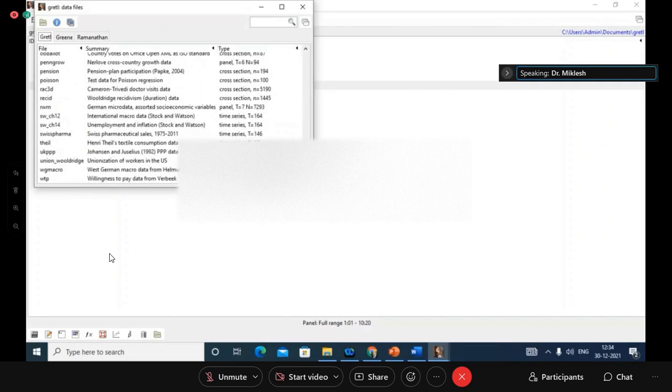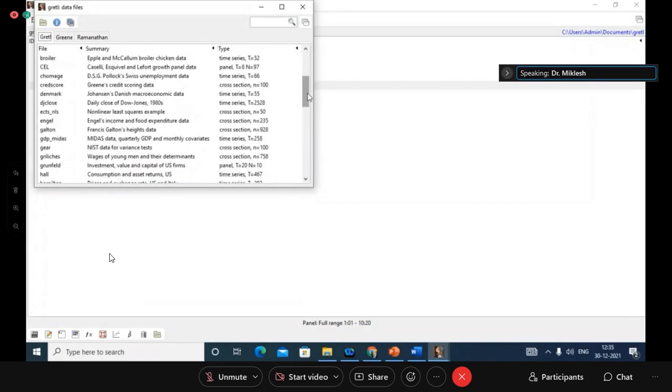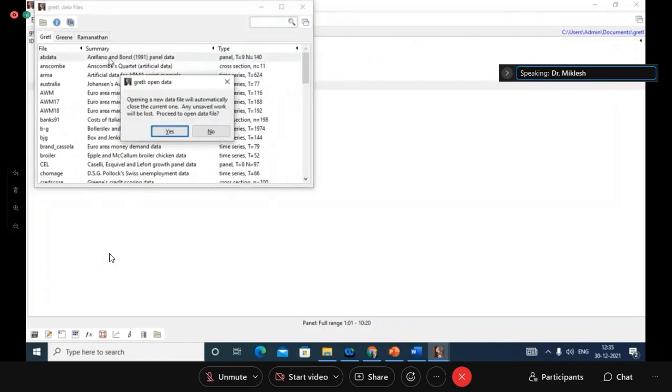Now I am going to apply this AB data. This AB data is nothing but Arellano and Bond. The academicians who have used this data, the same data is here. The name itself says so, right? So I simply click this Arellano and Bond.